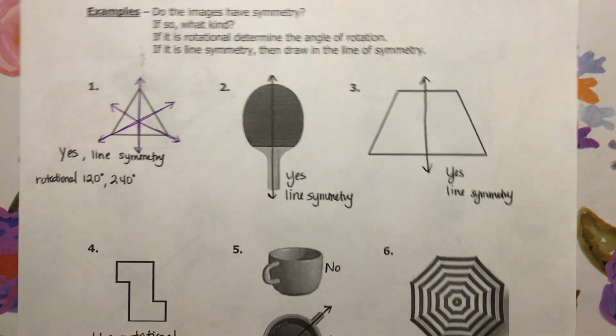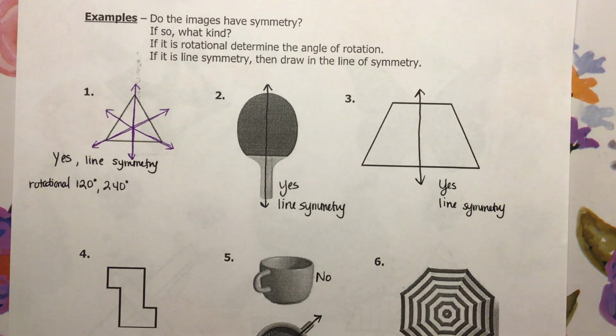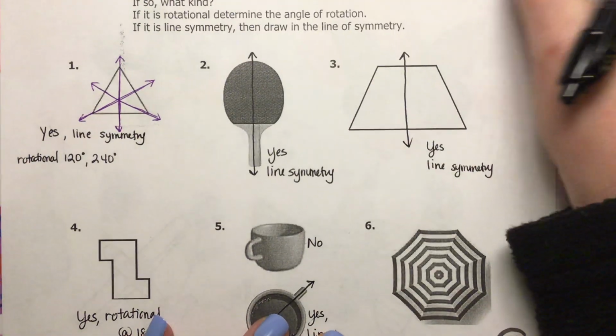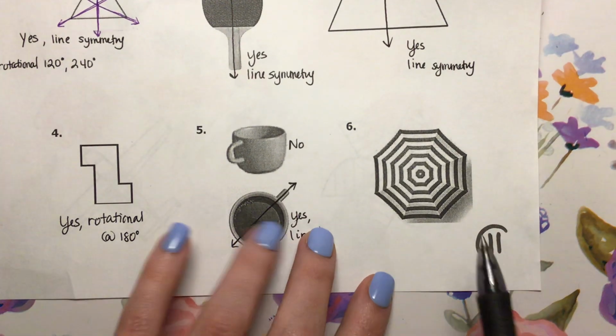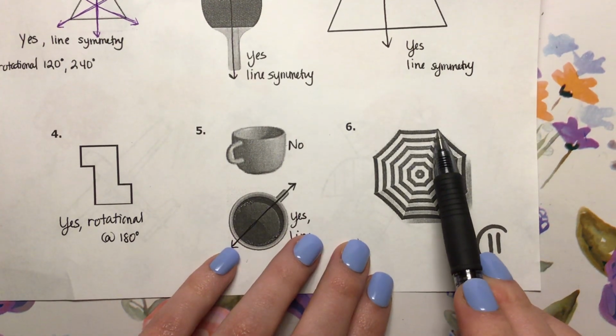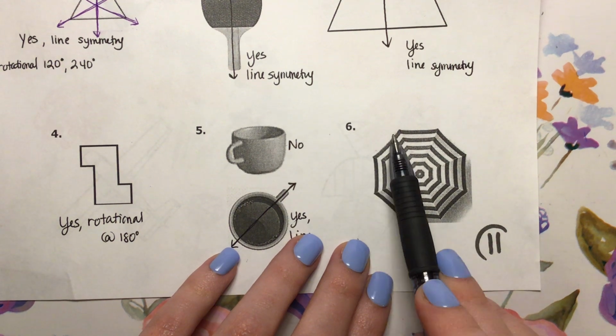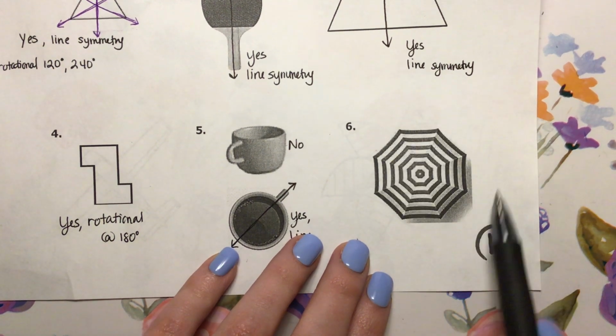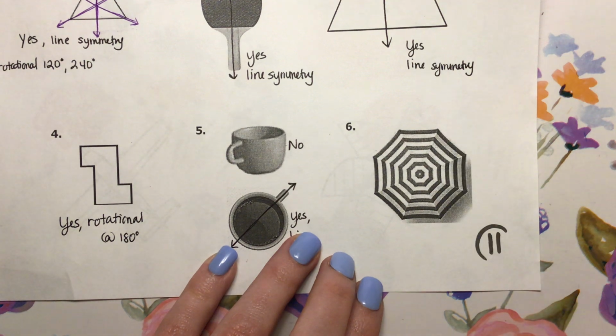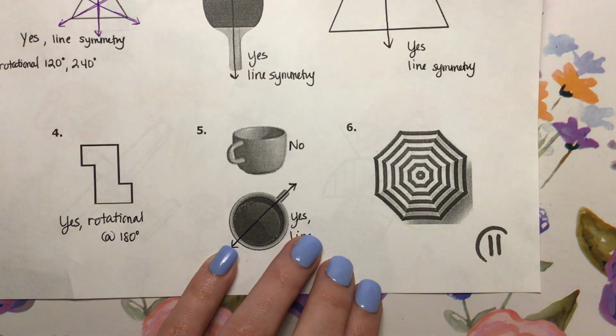You can still figure out that rotational symmetry by counting how many points are on the umbrella. So if I start here, 1, 2, 3, 4, 5, 6, 7, 8. So that 360-degree turn is getting divided up into 8 portions. So if 360 divided by 4 is 90, I can divide that by 2 again, getting me 45.